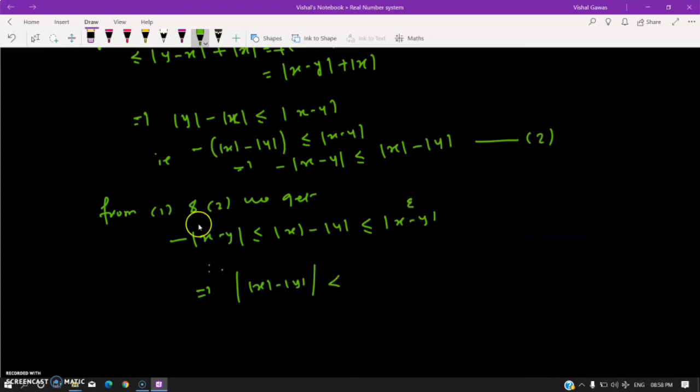If I consider this as epsilon and this as my x, then the modulus of x is less than epsilon if and only if minus epsilon is less than x, less than epsilon. So if I consider this entire thing as epsilon, this as negative of epsilon, then the modulus of the difference would be less than epsilon, which is the absolute of x minus y. And that proves the properties which we were dealing with.